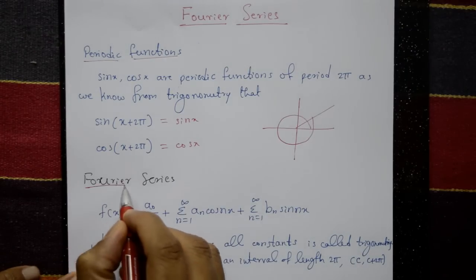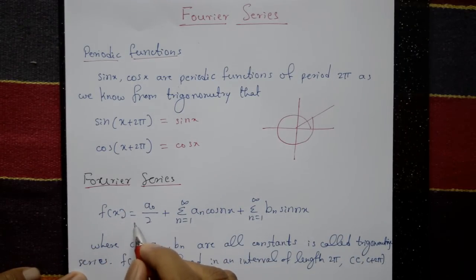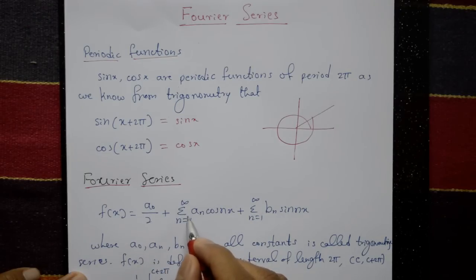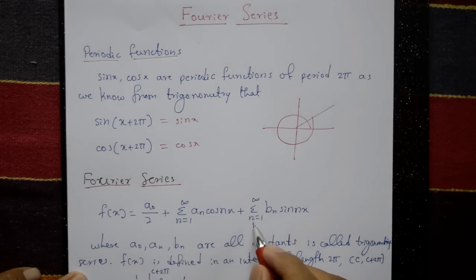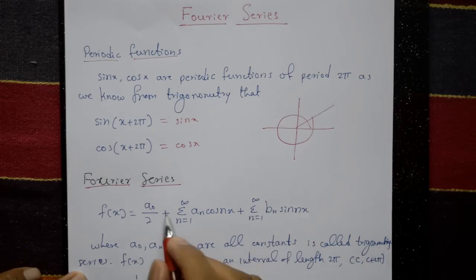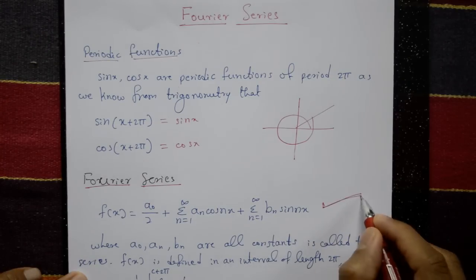Now the Fourier series. The Fourier series is f of x equal to a naught by 2 plus summation n is 1 to infinity a n cos nx plus summation n is equal to 1 to infinity b n sin nx. This formula is used most of the time in this model A. Okay, very important.